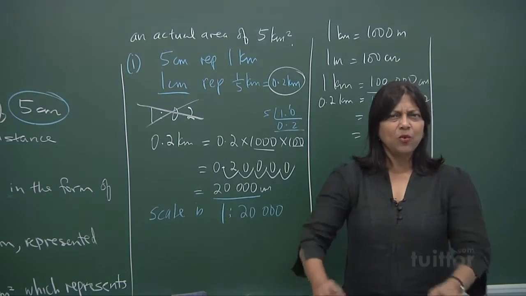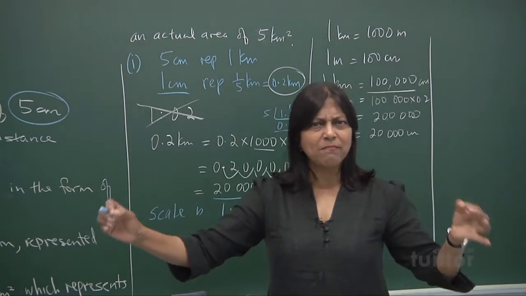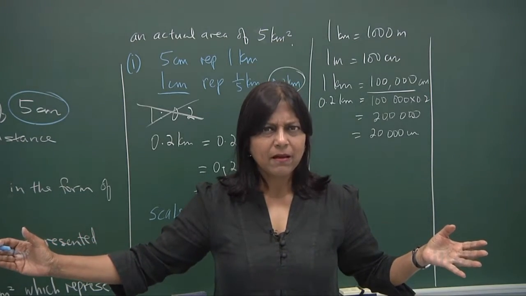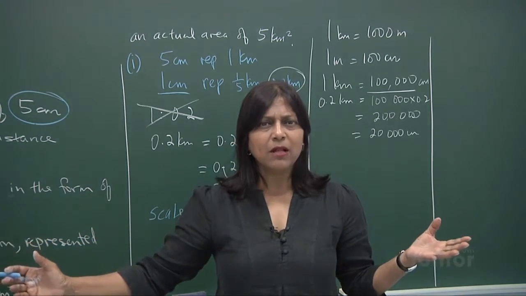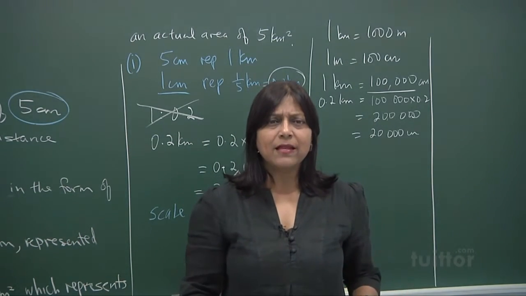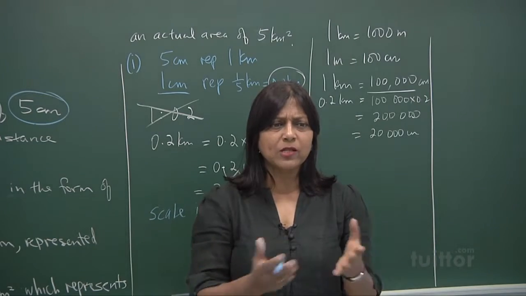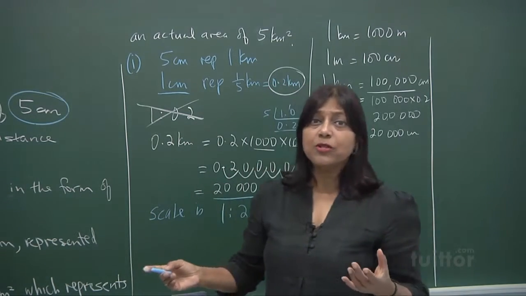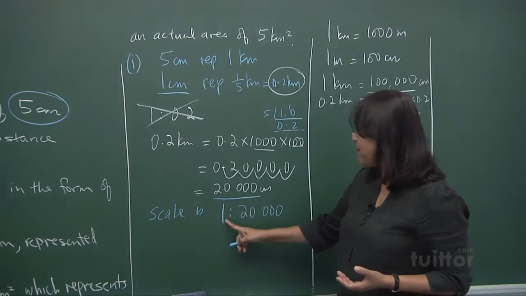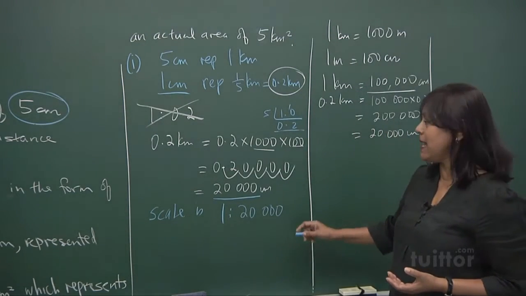Wow! But do you want to have a map having 1 meter representing? Do we have a very big paper? Are we living in such a gigantic world? Alright, yes, I know the world is gigantic, but the scale that is measurable, you want to put it into booklets or drafts. So we usually take 1 cm, same unit of measurement, 1 cm to 20,000 cm.